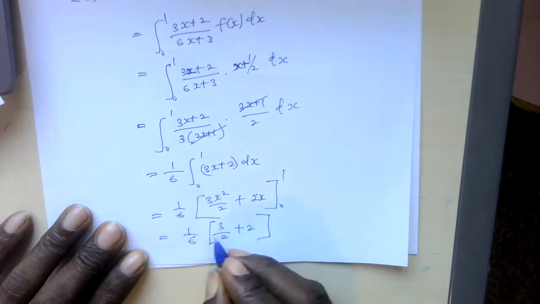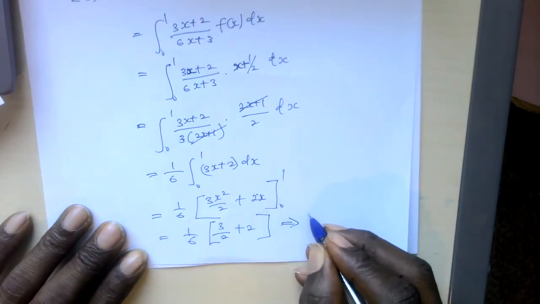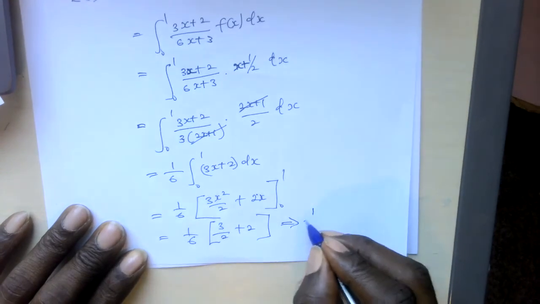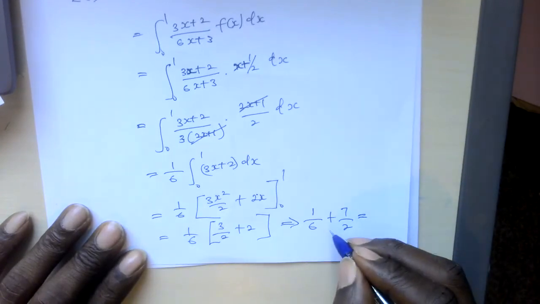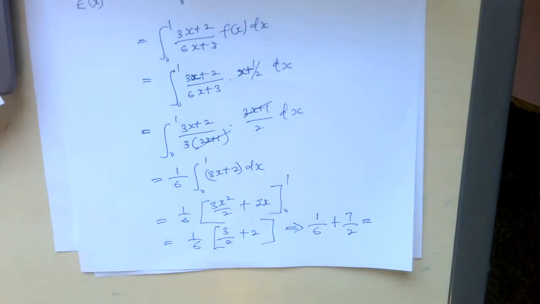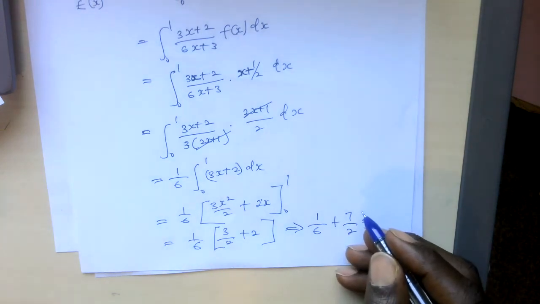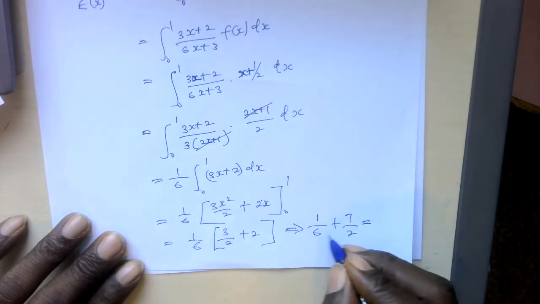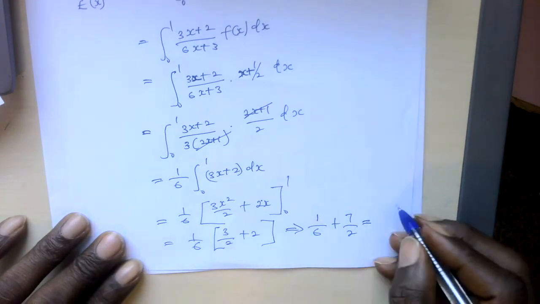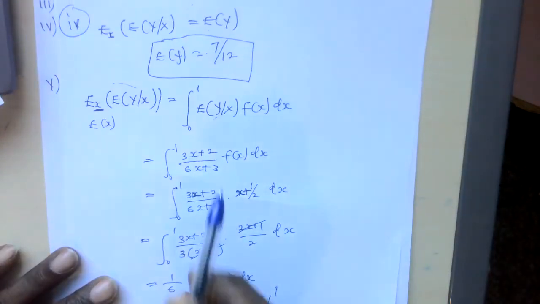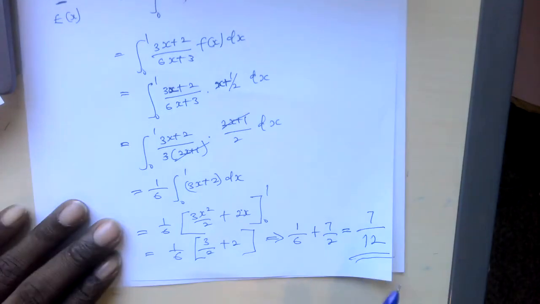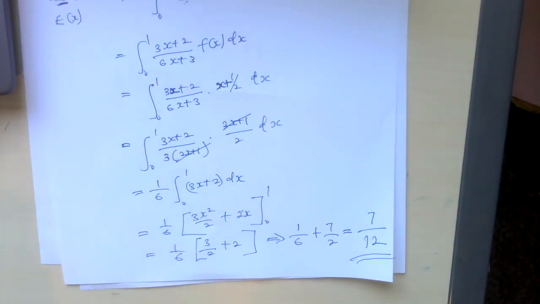So now add this together, you have 1 over 6 plus 7 over 2, which gives us, if you add this together, it gives us, of course, the estimate of 6 and 12, that gets 7 over 12. This is exactly the same thing as the expected value of y, as you can see, right? Same thing. Yeah, so that's proved.